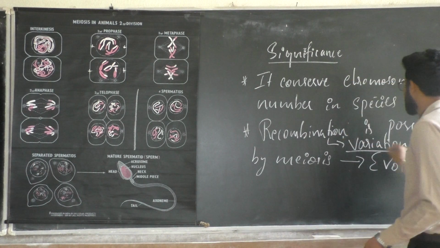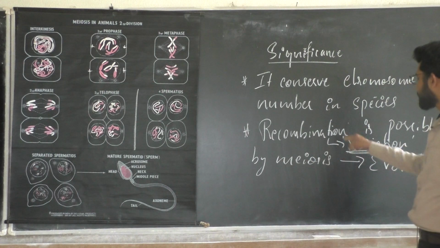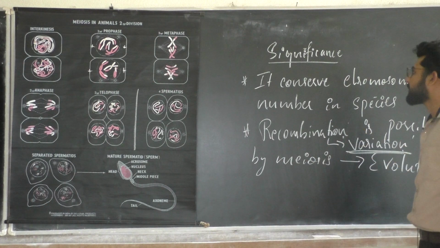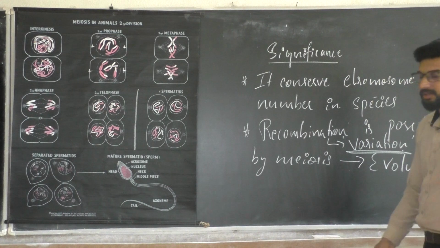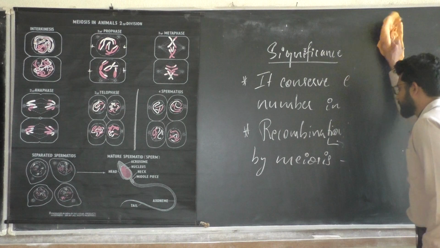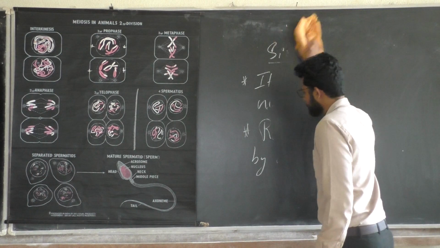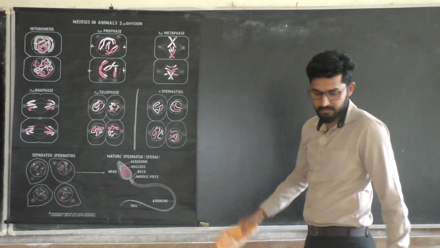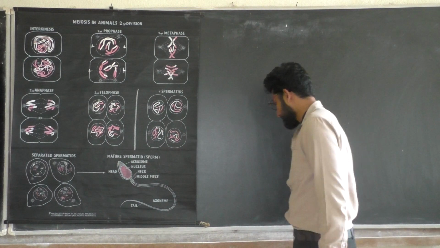I just forgot to say this: recombination leads to variation, which happens by meiosis. What is the difference between mitosis and meiosis? Let us study.